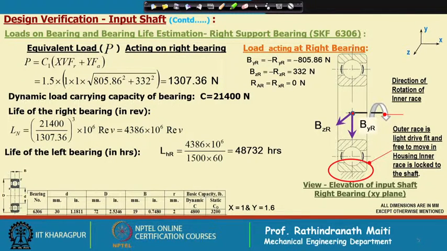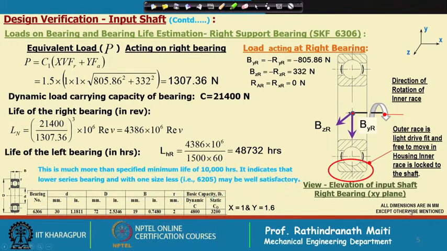The value comes to 48,732 hours, whereas we are expecting only a minimum life of 10,000 hours. Now, here we shall check the other bearing and then we will make some comment on this issue.